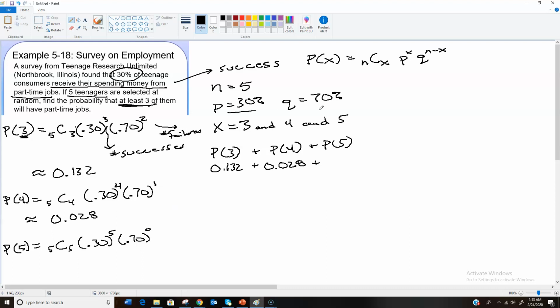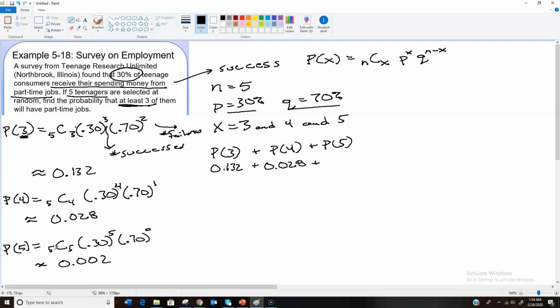That's our 30% and 70% success and failure rates. But in this case, since we want 5 successes, that means that we don't have any failures. So we want every student that we pick to have a part-time job. If you multiply this out, this comes out to be about 0.002.